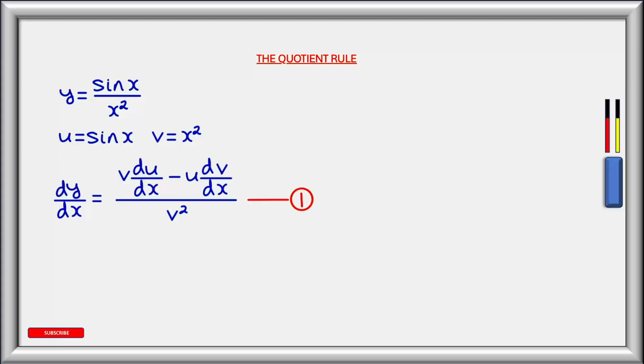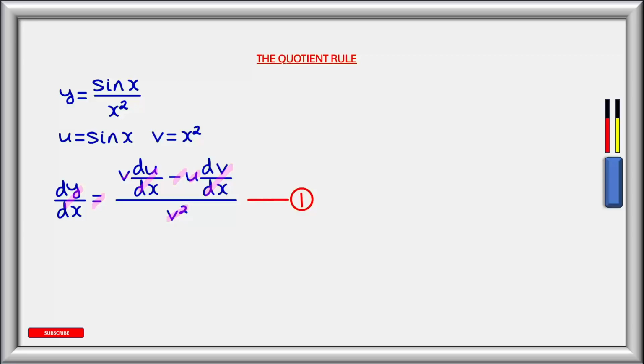And so applying the quotient rule, we have the derivative of y with respect to x is equal to v multiplied by the derivative of u with respect to x, minus u multiplied by the derivative of v with respect to x, all divided by v squared.